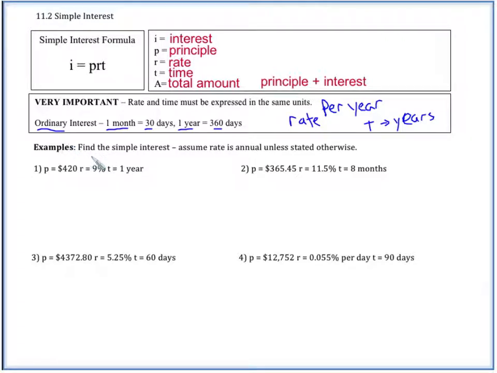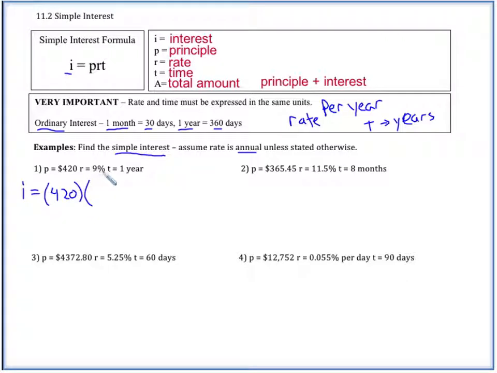So the first example says find the simple interest and assume that the rate is annual unless stated otherwise. That's what I was saying before up here. So we want to find the simple interest. We're going to look for the I in this equation. So we write I equals, well, the principal, and we're going to put 420, and I just put it in parentheses to separate them out.